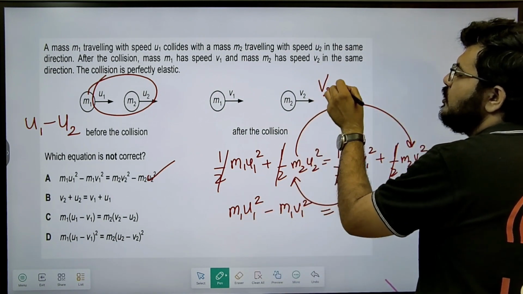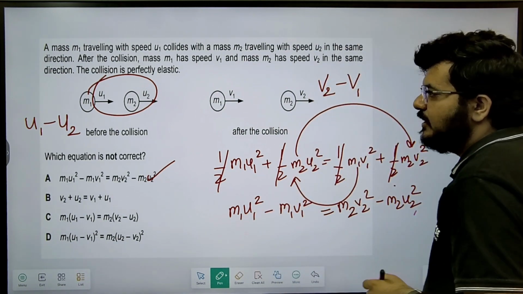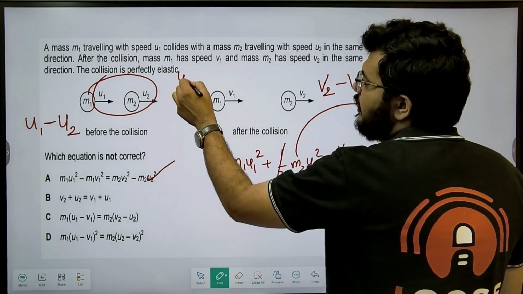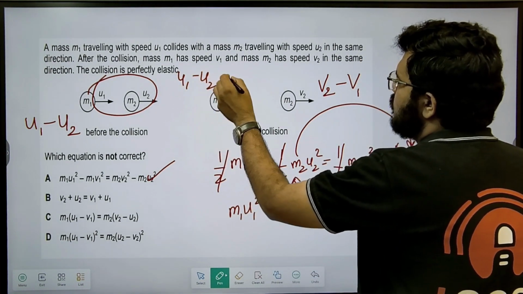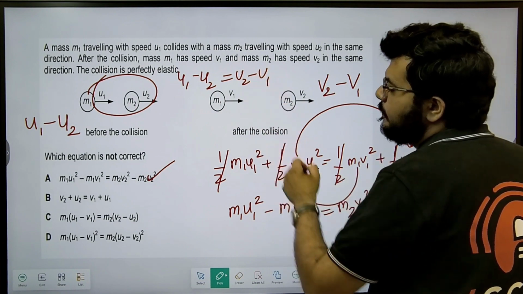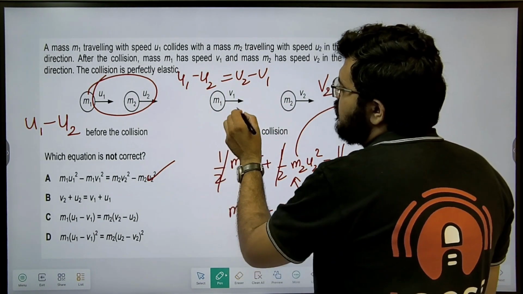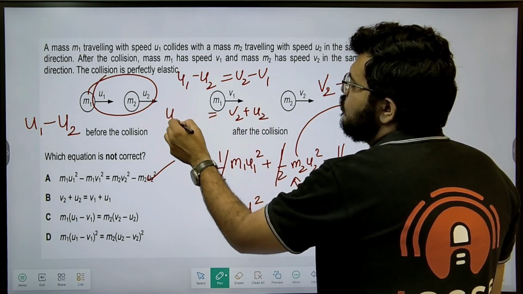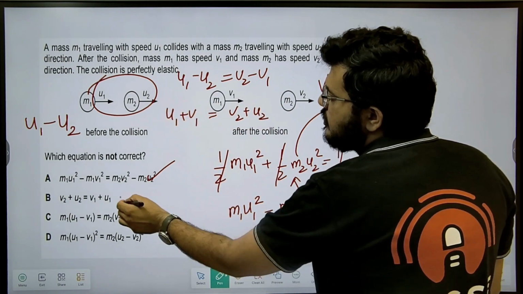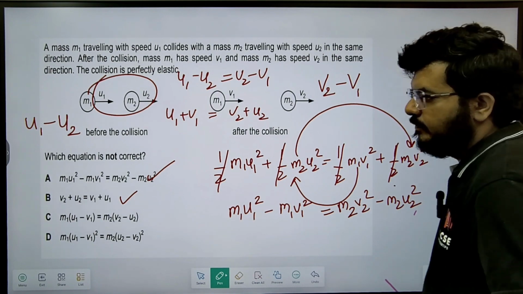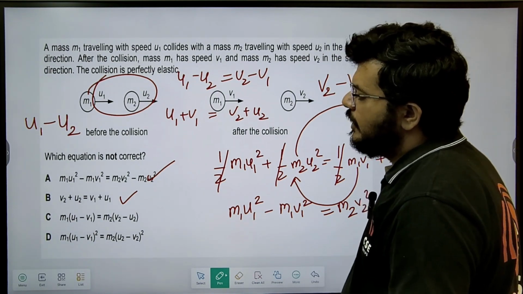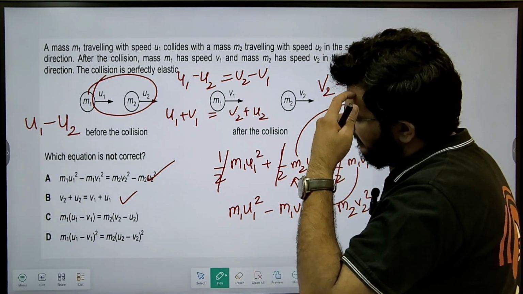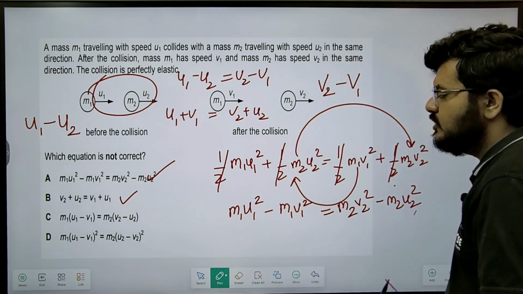Therefore, the velocity of departure is v2 minus v1. These two should be equal, that u1 minus u2 is equal to v2 minus v1. Rearranging, I can write v2 plus u2 is equal to u1 plus v1, which is the required equation. Then you have m1 into u1 minus v1 is equal to m2 into v2 minus u2.